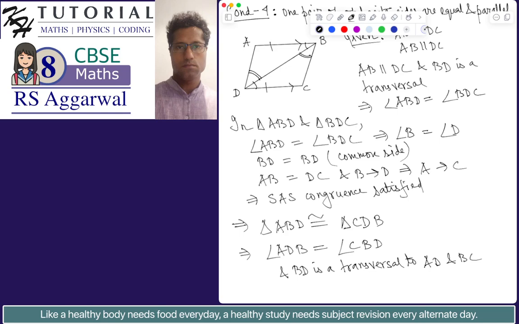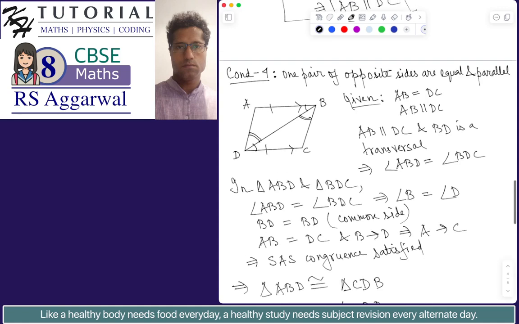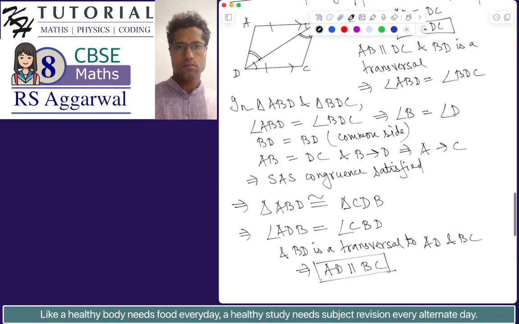So this implies that AD is parallel to BC. So we have proved that the other two opposite sides are also parallel. It was already given that AB is parallel to DC, and we have proved that AD is parallel to BC. So these two will prove that ABCD is a parallelogram.